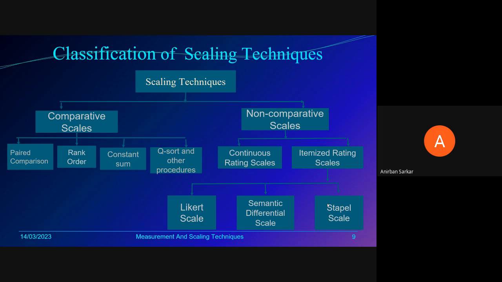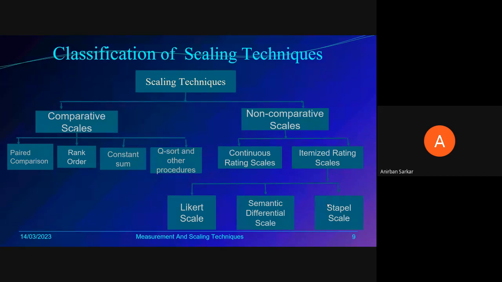In case of comparative scale, you may use paired comparison scale, rank order scale, constant sum scale, and Q-sort scale as well. Generally, paired comparison and rank order are very popular scales which we use under the comparative scaling technique. Q-sort is not so popular.